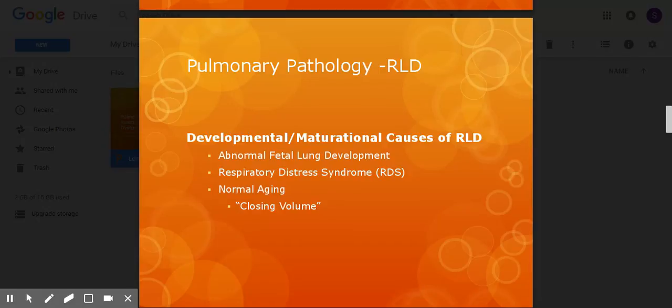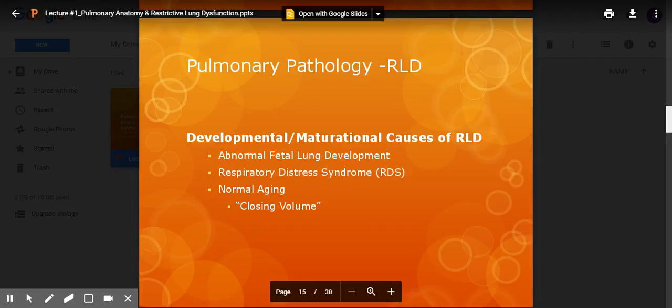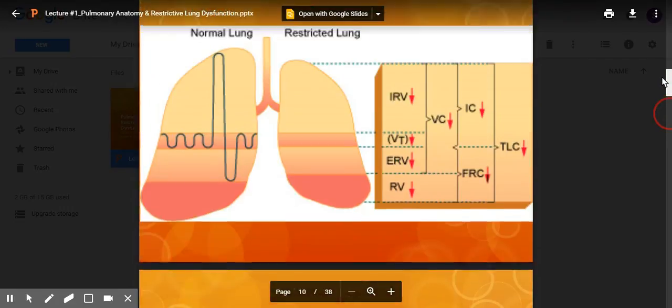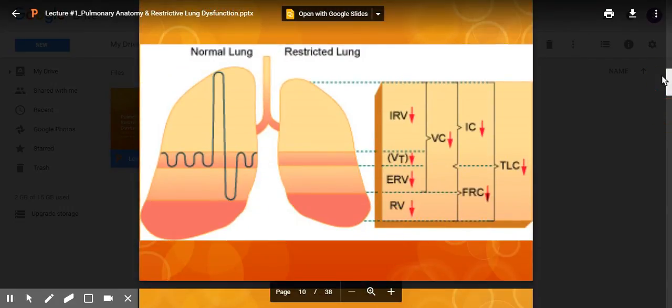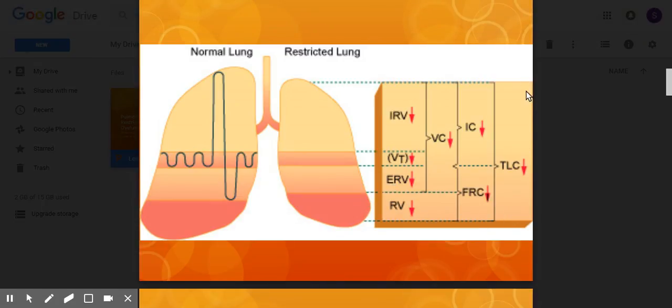So total lung capacity may not change, if we go back a couple of slides. In that aging adult, the total lung capacity may not change. However, what we may see is an increase in residual volume, which will obviously steal volume from what's referred to as the vital capacity.